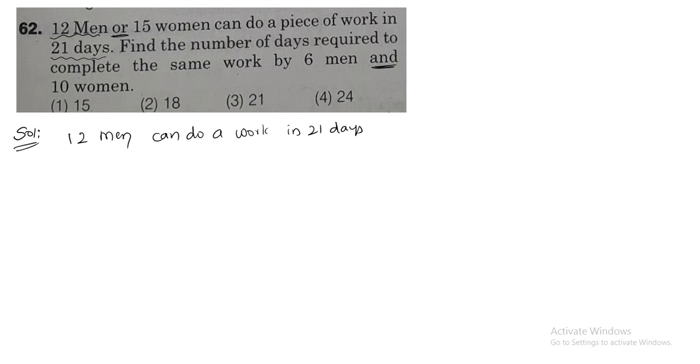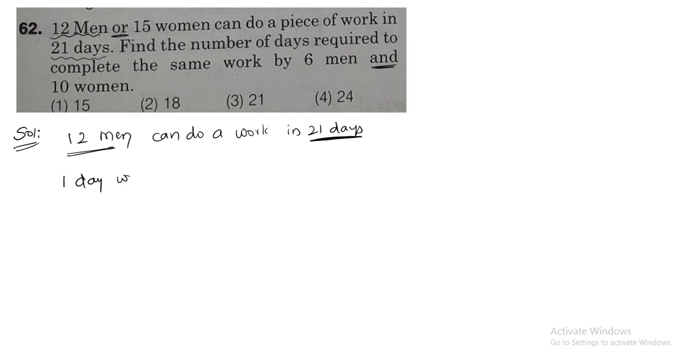Whenever you are doing a problem related to days, work and men, you need to go with a 1 day work. So always you need to find out 1 day work. Here 12 men can finish the work in 21 days.